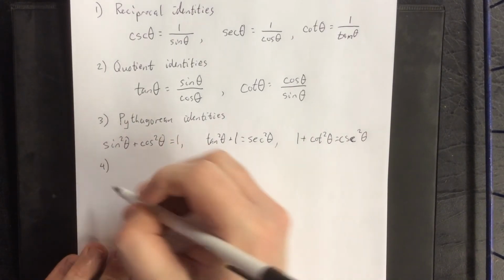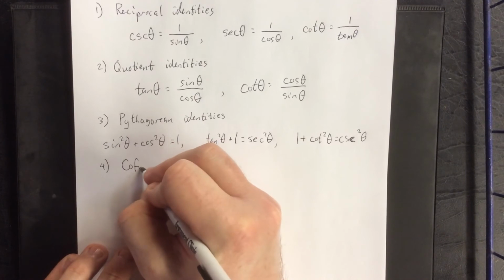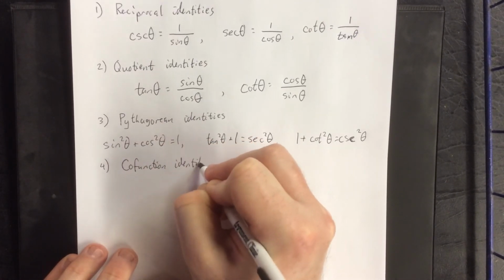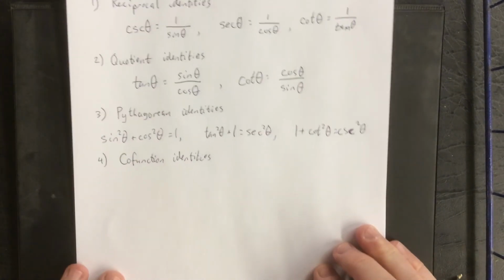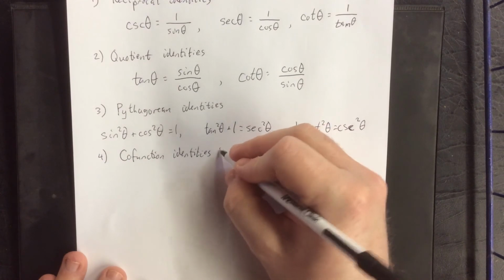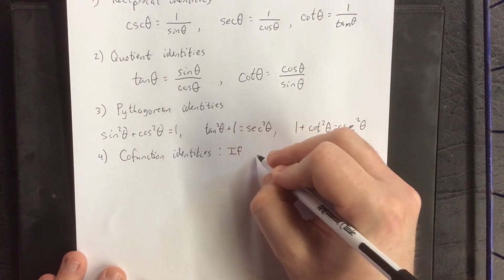Then we had our cofunction identities, which involved complementary angles. I'm going to shorthand this.